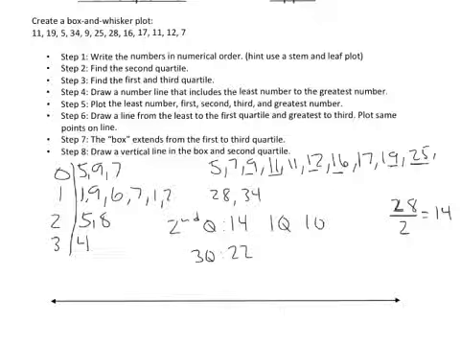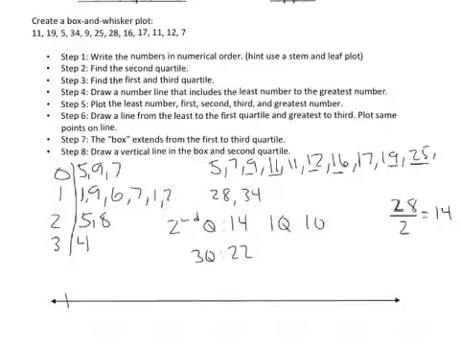So now I want to make a nice number line that includes my least number and my greatest number. My least number is a 5, and my greatest number is a 34, which means I can just bump it up to 35 in my number line, and we'll be good to go. I'm going to go from 5 to 35, jumping by 5s for each check mark that I create.